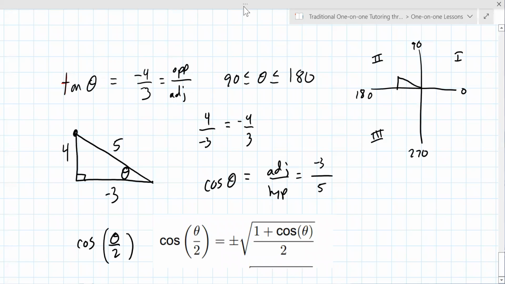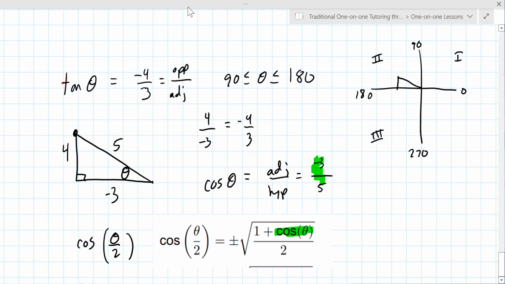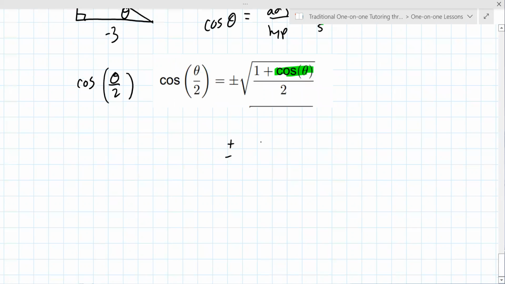So that's going to go into the cosine there. All right, so let's start by writing that down here. So it's plus or minus the square root of (1 plus -3/5) over 2. So what I'd like you to do is to simplify the part inside the root for me. This one's just numerical, no roots.